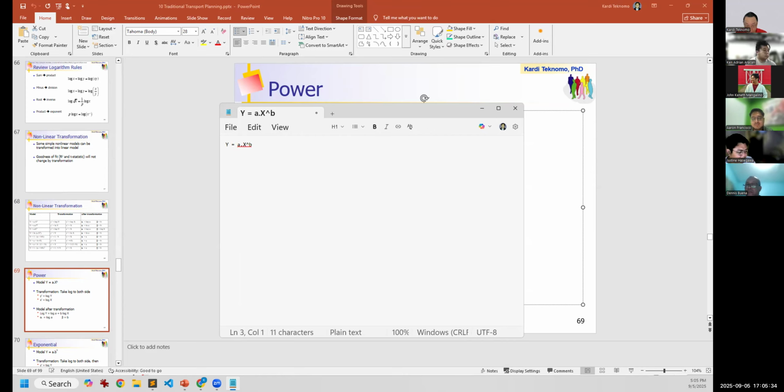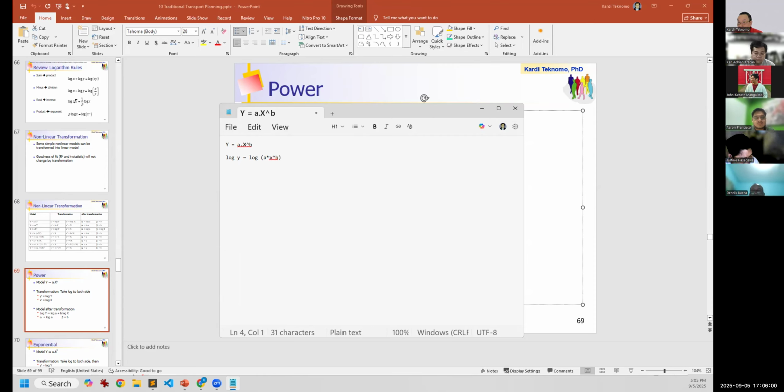If you take logarithm to both sides, you will have log y equal to log of a multiplied by x exponent b, isn't it?